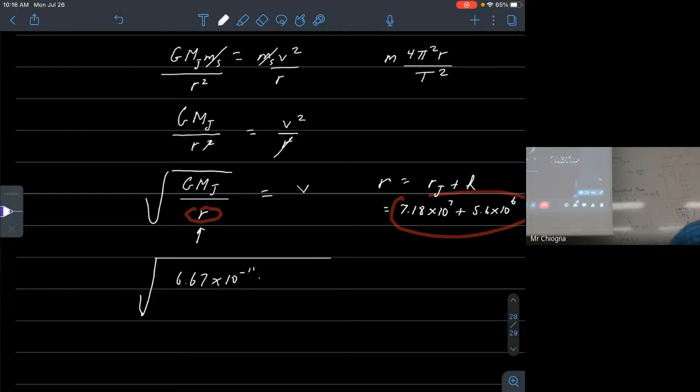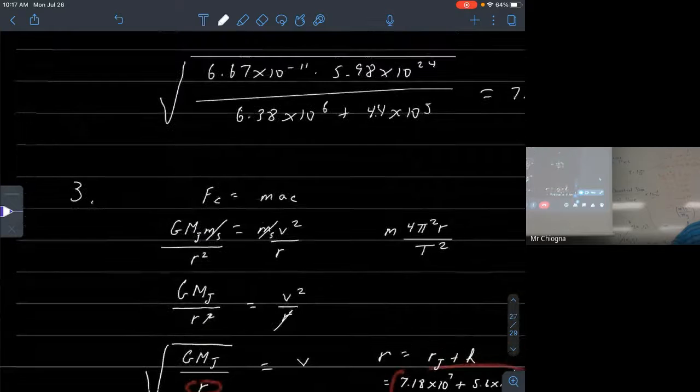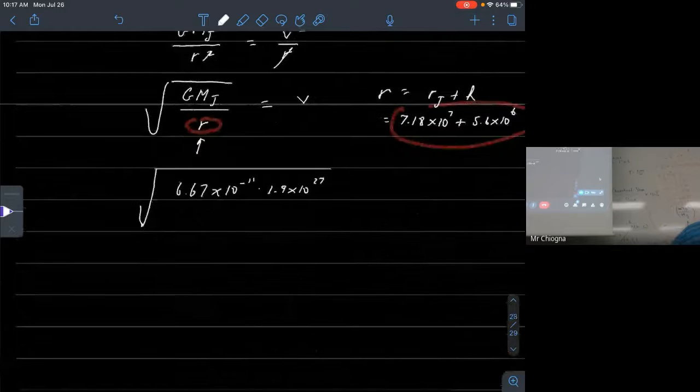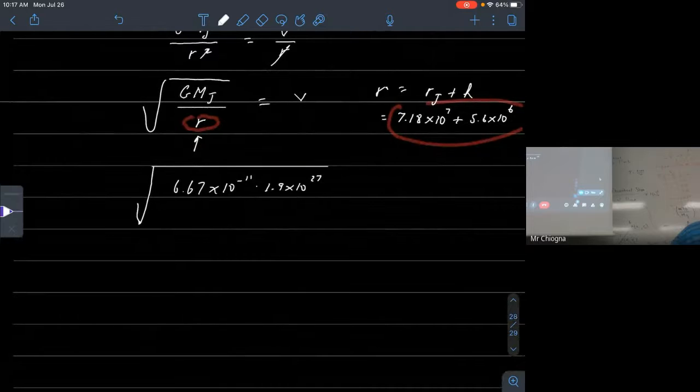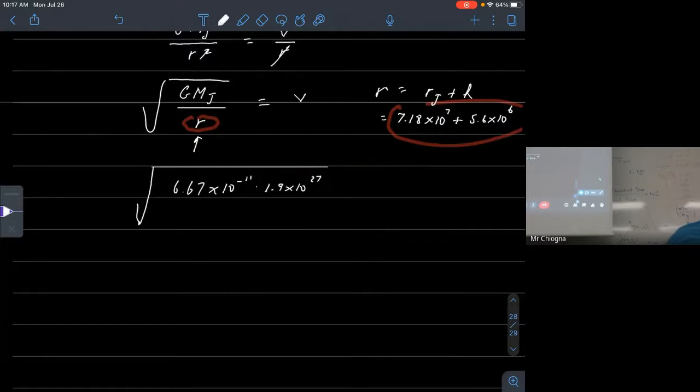The mass of Jupiter is included. Let's see how big it is. The mass of the Earth is a lot smaller, right? It's 10 to the 24. This is 10 to the 27, so Jupiter is massive.